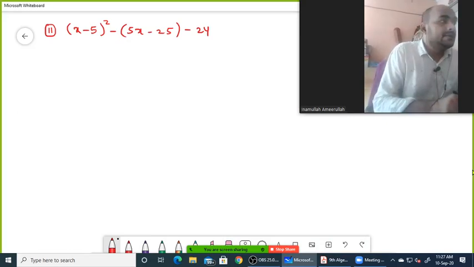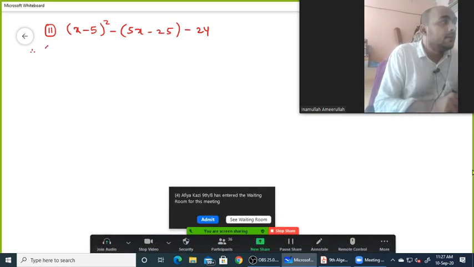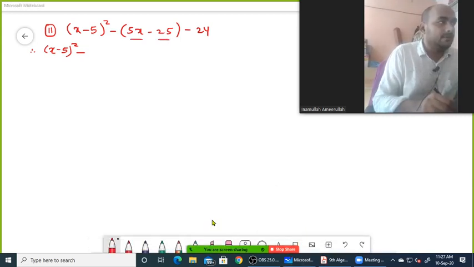So (x minus 5) whole square minus 5x minus 25 in another bracket minus 24. This is the given polynomial, which we can write as (x minus 5) whole square minus, here 5 can be taken out as a common factor.